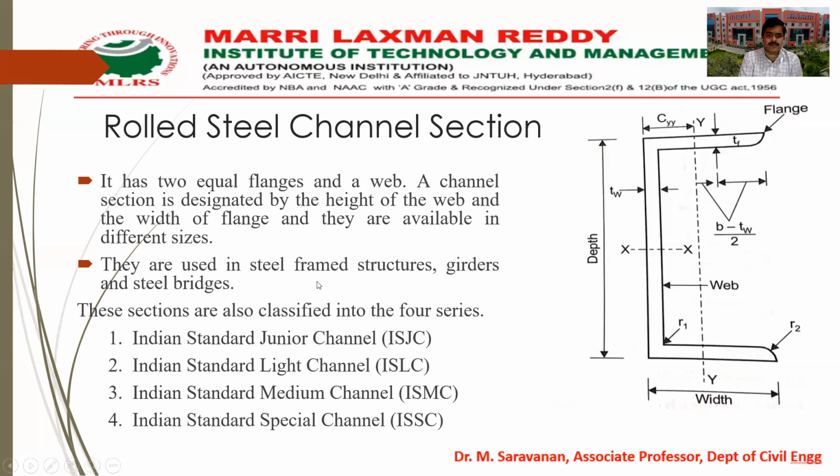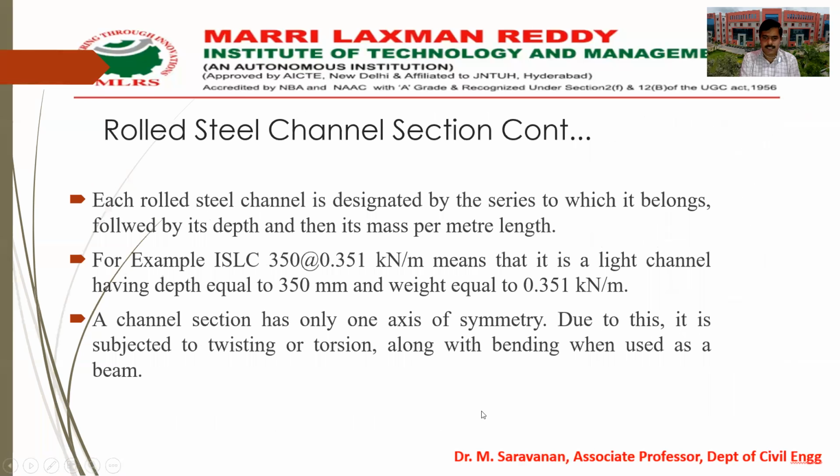These sections are also classified into 4 series: Indian Standard Junior Channel ISJC, Indian Standard Lightweight Channel ISLC, Indian Standard Medium Channel ISMC, Indian Standard Special Channel ISSC. So here also ISLC 350 means it is denoted by the depth, 350, then 0.35 is the weight.